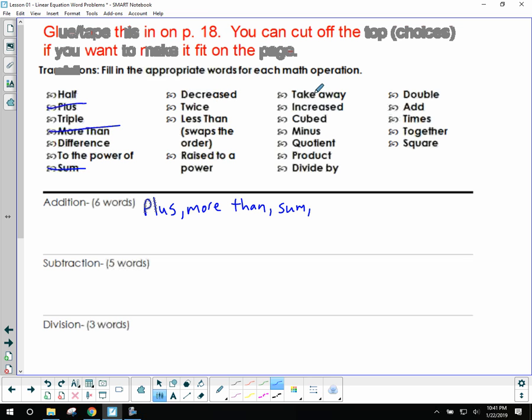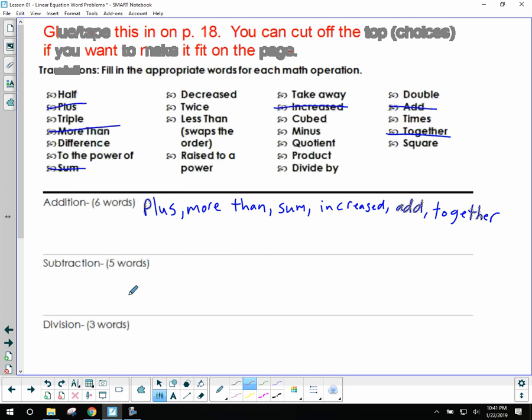That's another good one. So that's 4. Add. Duh. There's 5. And we'll use together, because we're all in this together. Ha! I'll change color so I can keep things organized.